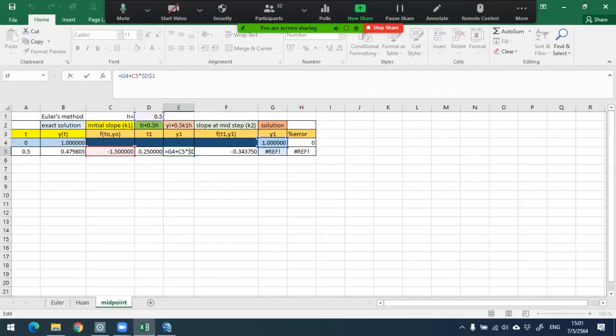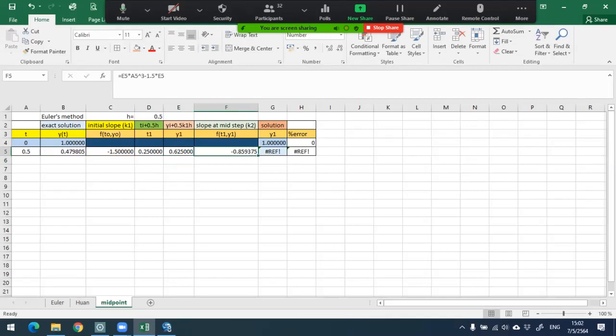That is equal to yi plus the initial slope multiplied by h, but it should be a half h, so it becomes 0.5h over here. So we have the value of y at mid step.